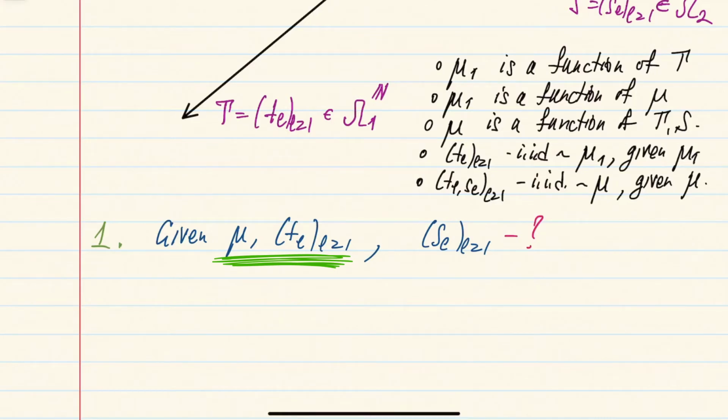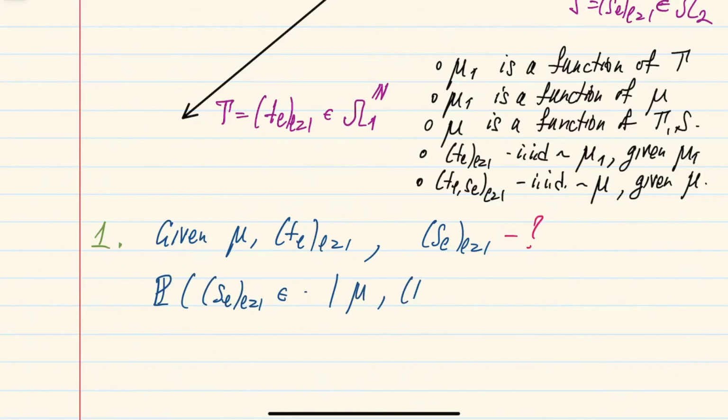Okay, so in other words, we are trying to understand the conditional distribution of the sequence S given these two random objects, mu and the sequence T. So our goal here is to describe the distribution of the sequence S_l conditionally on both mu and T_l.